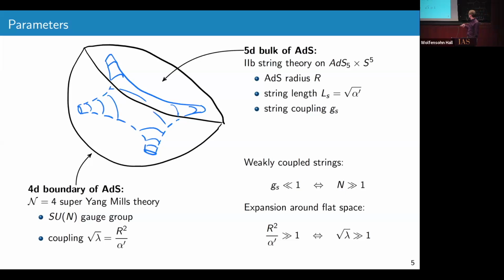So we are in the planar limit of n equals 4. And we will do an expansion around flat space. That means we take the AdS radius to be large, much larger than the string length. Or we take strong coupling in the n equals 4 super Yang-Mills. So I will use the terms weak curvature expansion and strong coupling expansion interchangeably.